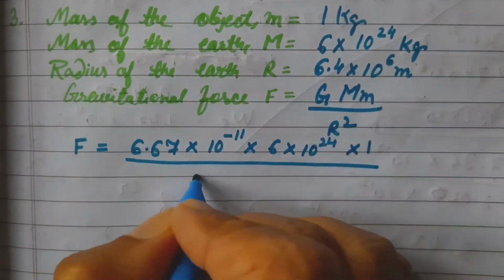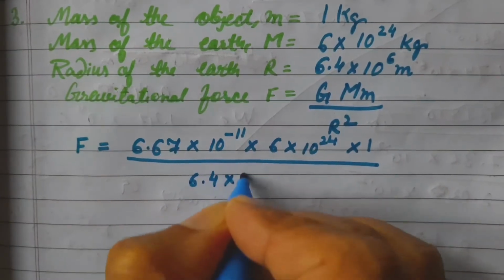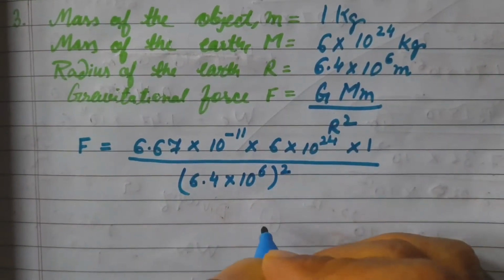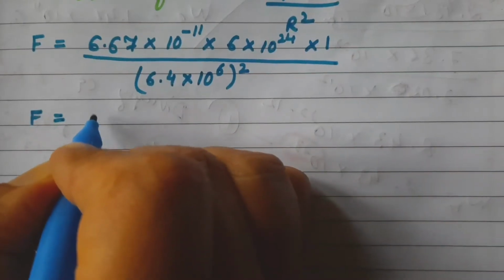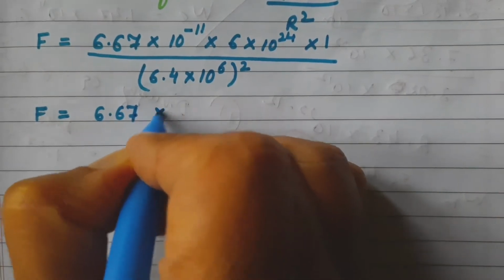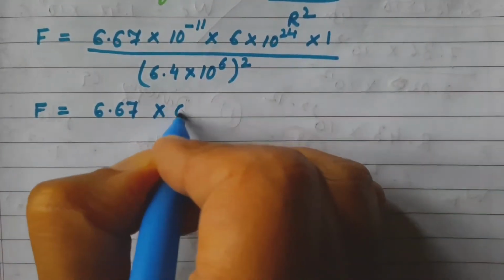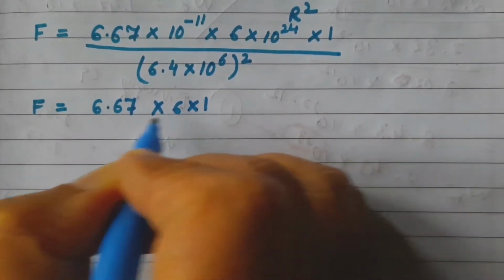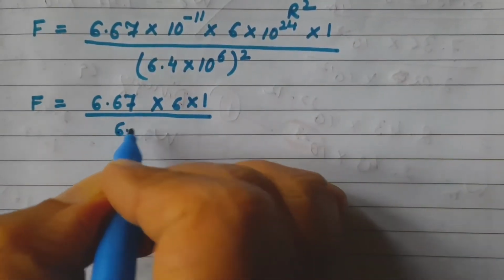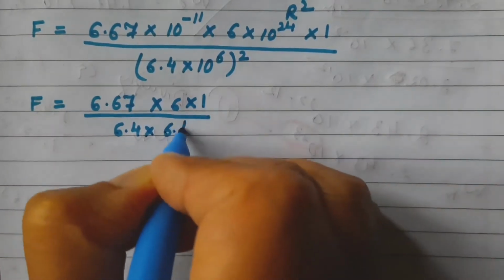The value of R is 6.4 into 10 to the power 6, square. So it is 6.67 into 6 into 1, divided by 6.4 square, that is 6.4 into 6.4.